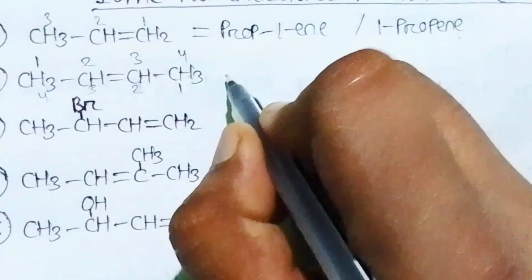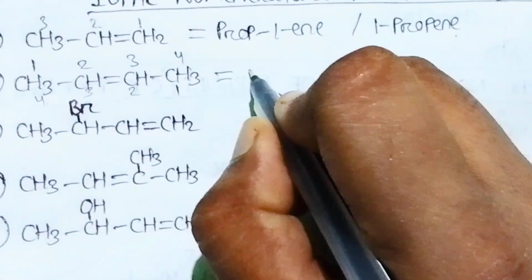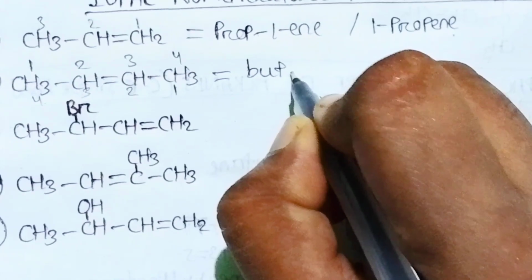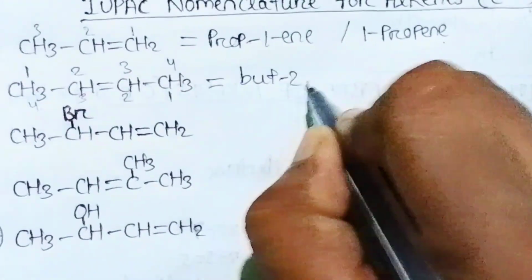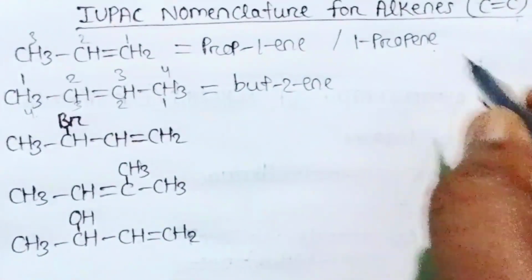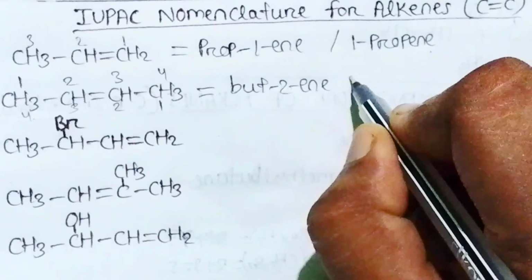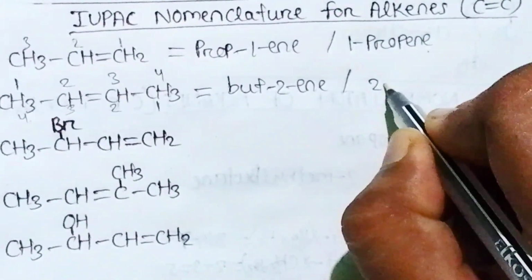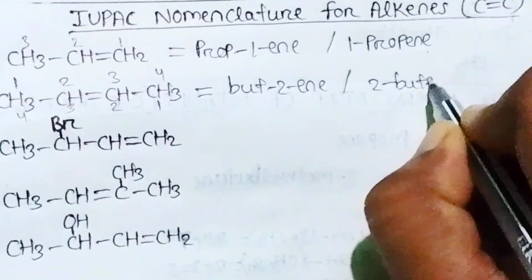So the IUPAC name will be but-2-ene, or we can write it as 2-butene.